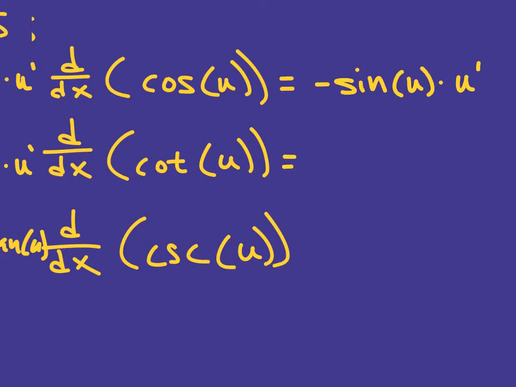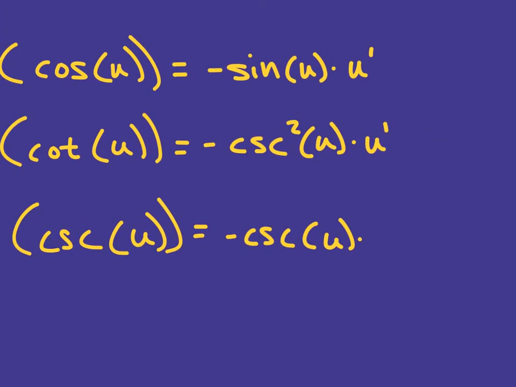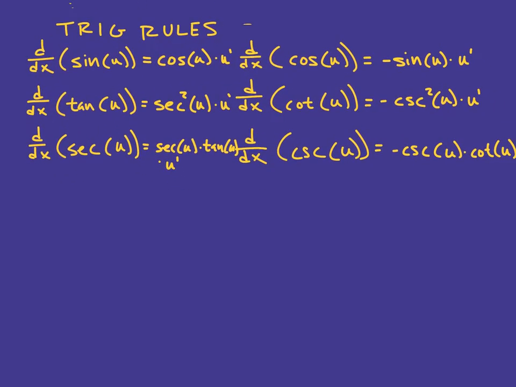The derivative of cotangent is going to be negative cosecant squared of u times u prime. The derivative of cosecant of u is going to be negative cosecant of u times cotangent of u, and you guessed it, multiplied by the derivative of my inside function, multiplied by u prime. And those are my trig rules.